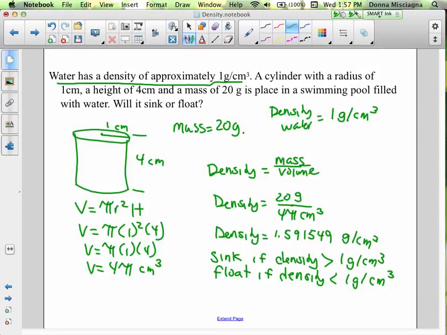Because of the density, even though your weight is more than the water, you take up more space, especially if you're stretched out. That's why you would float.